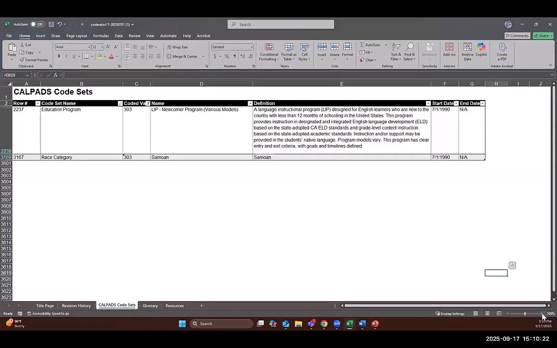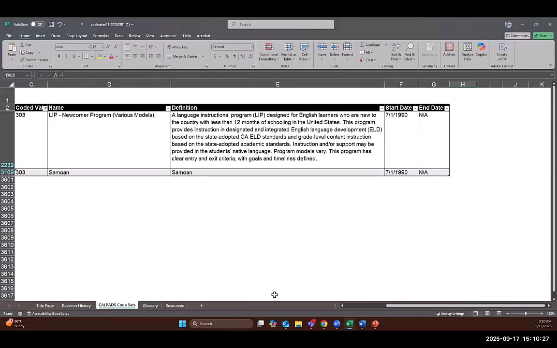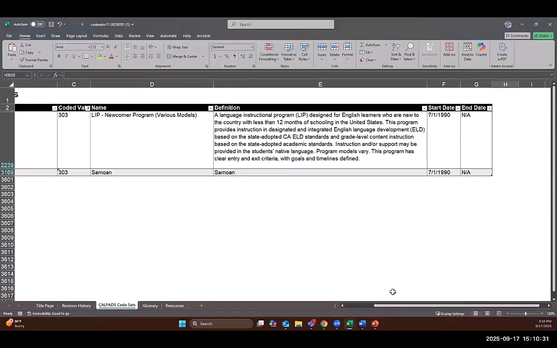So you're asking basically if 303 can be applied to TK students. That's going to be a local decision. The key part there is the CA standards and grade level content instruction.